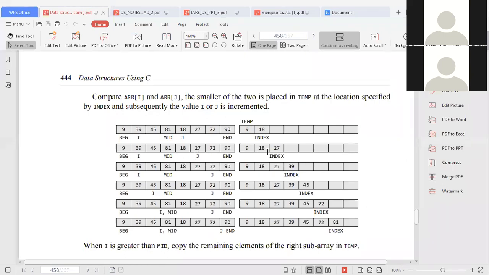J again moves. What is the value of J? 27. 27 moves to the index in A, and now J position is to be incremented or not? Incremented, sir. You can observe here: J was initially at 27, now it moved to the next position. Now J is at 72.